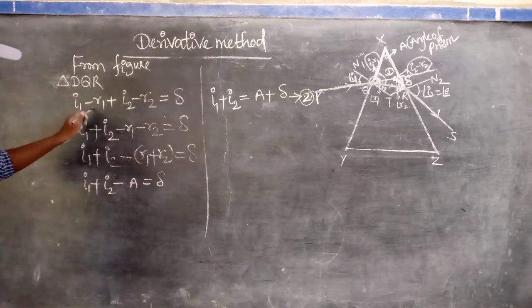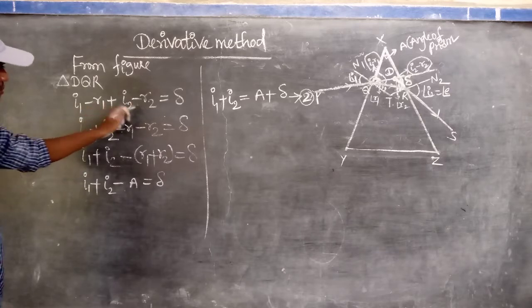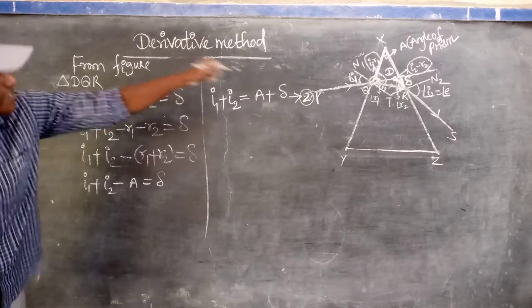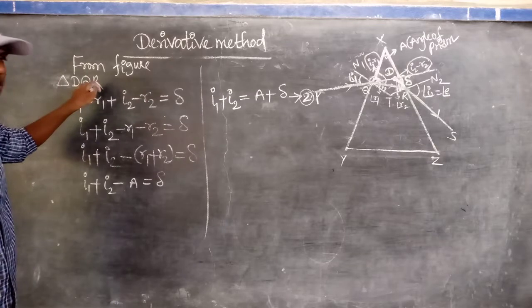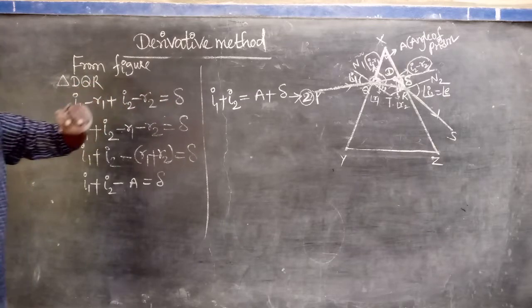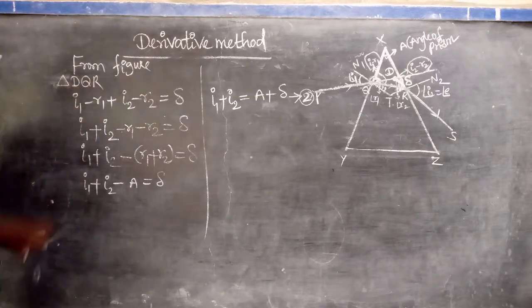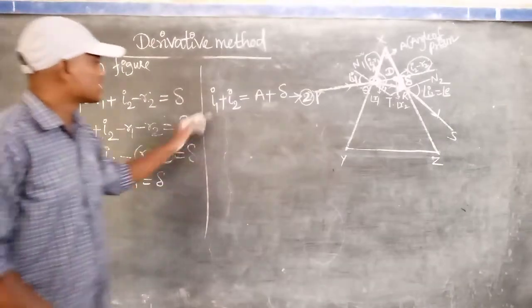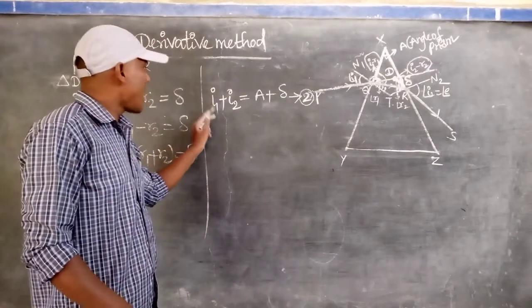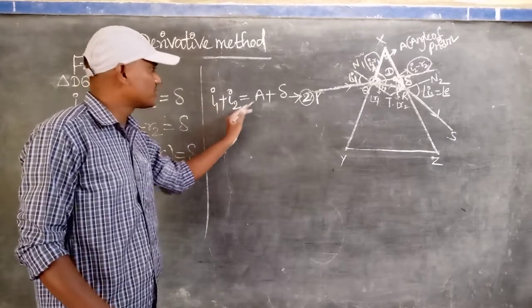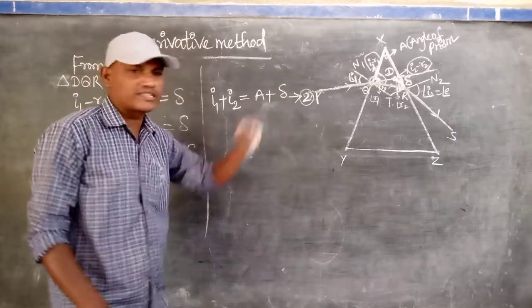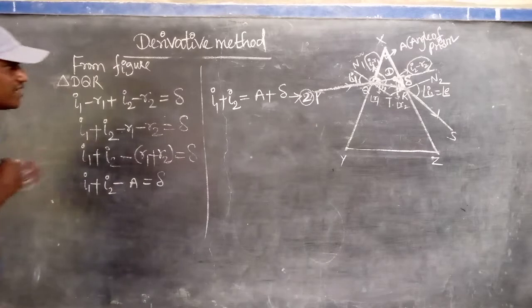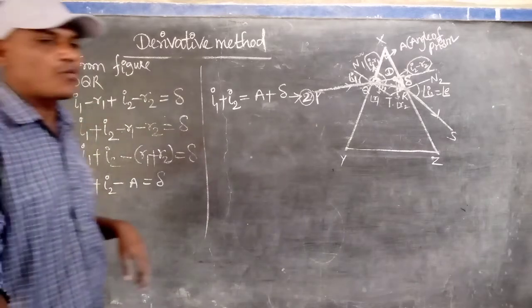That's why I1 minus R1 plus I2 minus R2, these two are the interior angles in this triangle, and small delta is the exterior angle. Then after the mathematical operation, finally we get I1 plus I2 equals A plus delta, or small delta plus A. That is the equation number 2 we are considering.